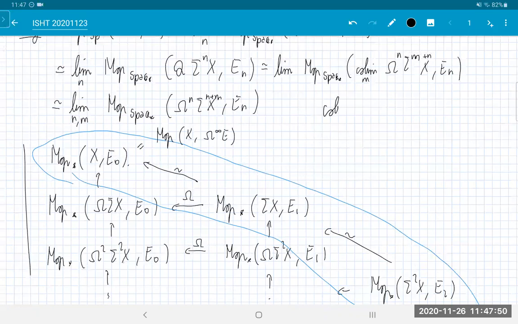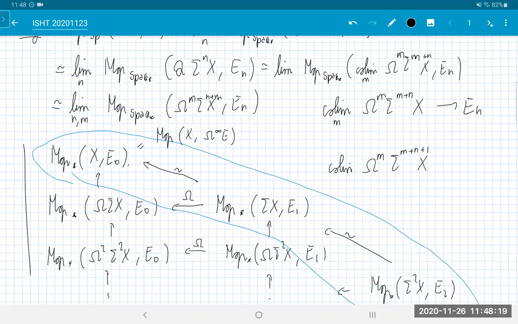And the point is, what is this map from colimit in m of omega n sigma m plus n x to colimit of omega m plus... sorry, I have a map like this, and I have to turn it into a map like this, right?